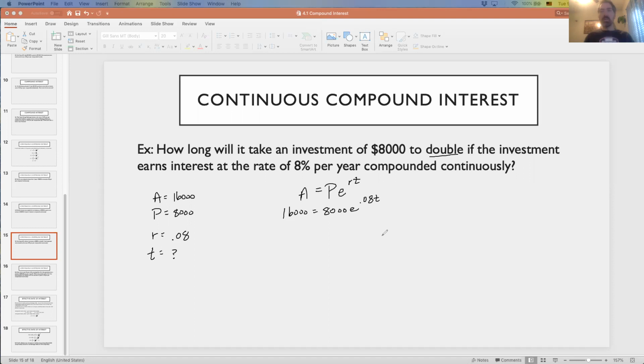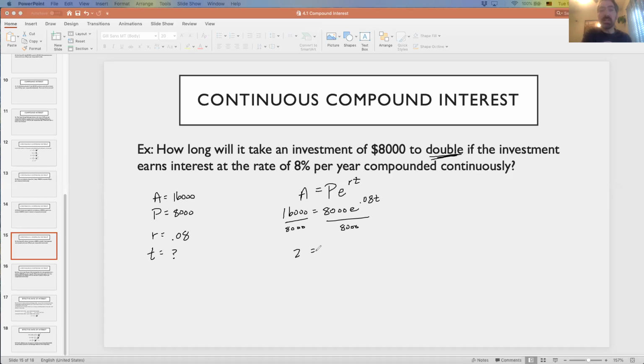So we'll first divide by the number in front of that e. And since we're wanting to double, it doesn't matter what that principal is. If 16,000 is double the 8,000, this is always going to be 2, no matter what the principal is. So the problem didn't even need to tell us what the principal is. It could have just said, how long will it take an investment to double if the investment earns interest at the rate of 8%?